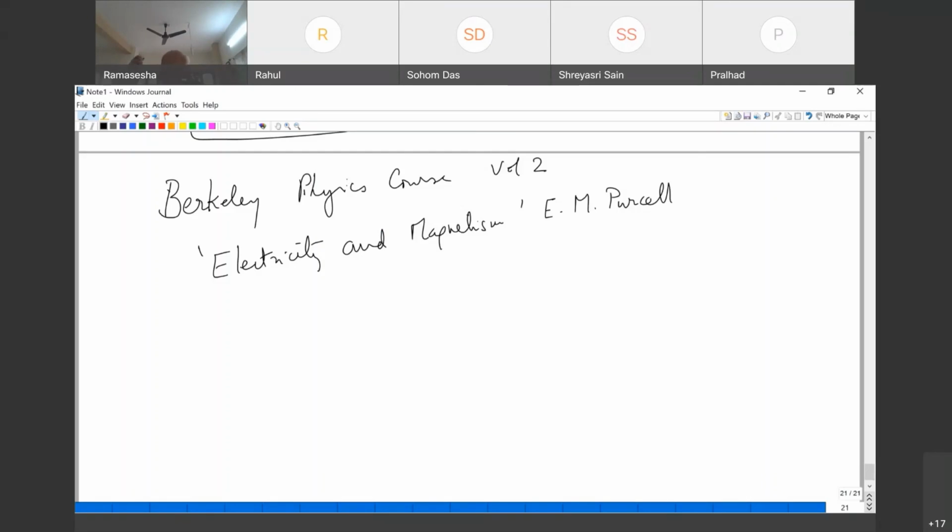Purcell and Pound did the NMR by, I think, probably induction coil. I'm not sure. I think Bloch was induction coil, and these people were using a circuit breaker. Forget the exact technique. But Purcell was one of the persons who first observed nuclear magnetic resonance. And this book, Electricity and Magnetism by Purcell, is one of the best books that you can get in basic electricity and magnetism. It's a fantastic book. And I think it's also available in a cheap edition, you can buy it.